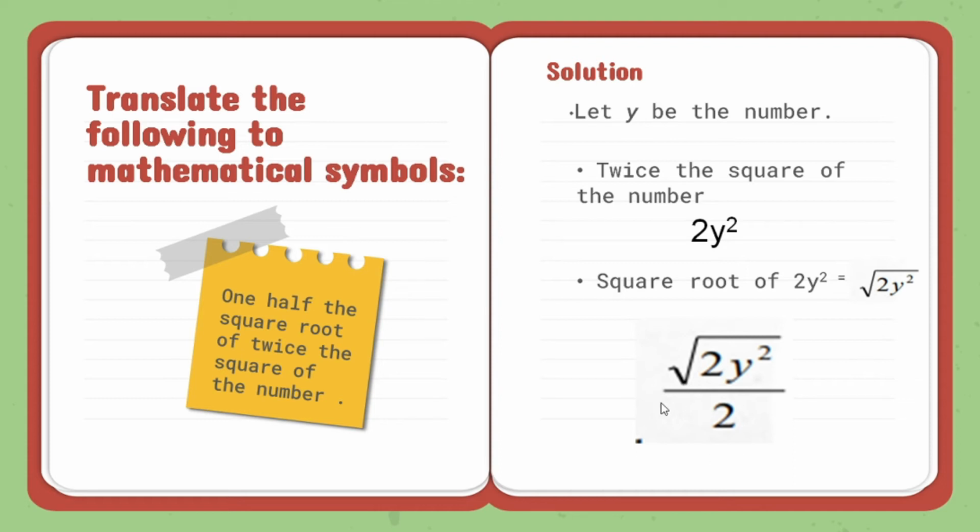Okay? So, we divide all of this by 2. This is for division. So, we have the square root of 2y squared divided by 2, because we need to get the half of the square root of twice the square of the number. Again, we have the square root of 2y squared all over 2.